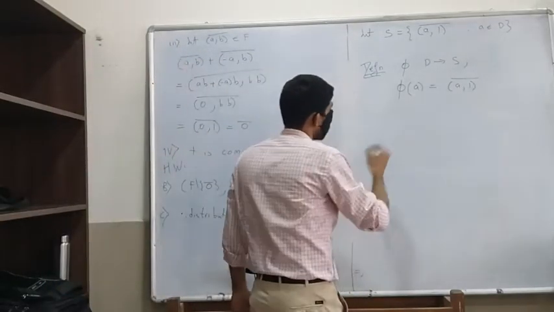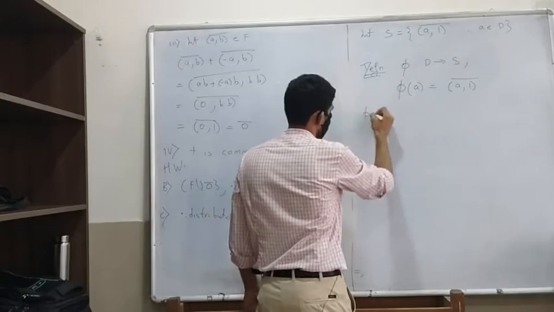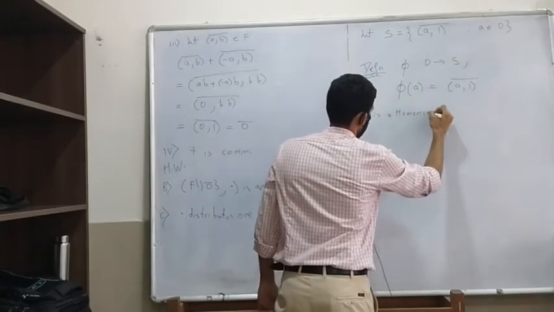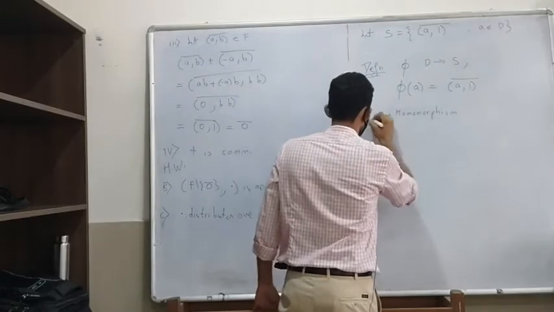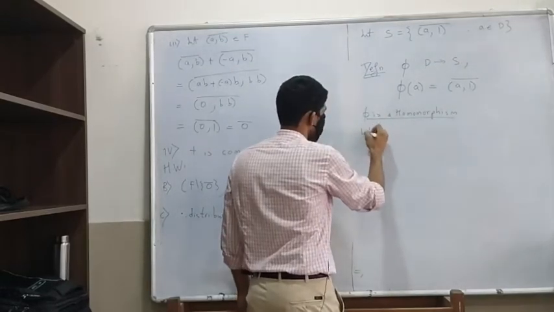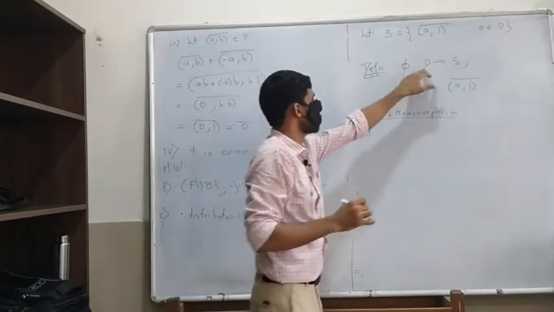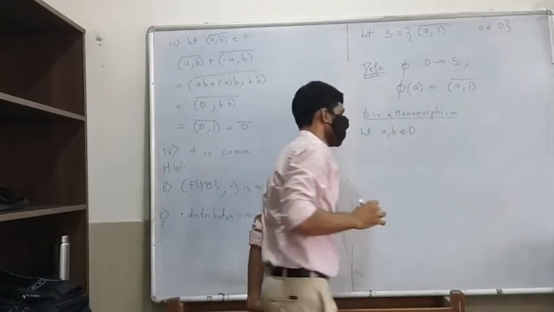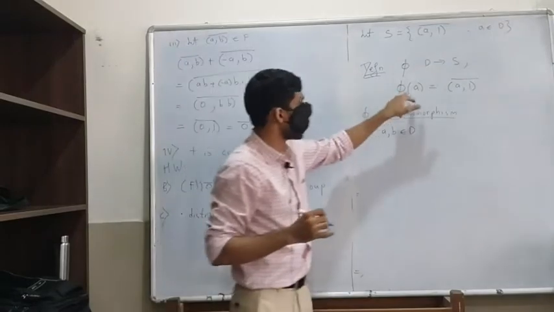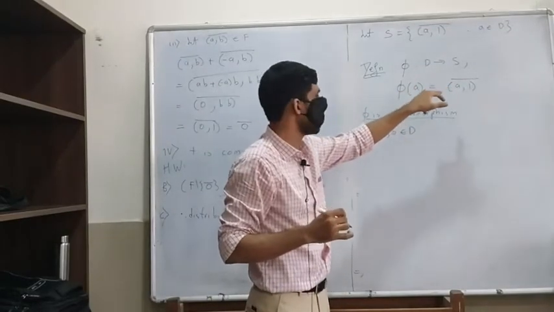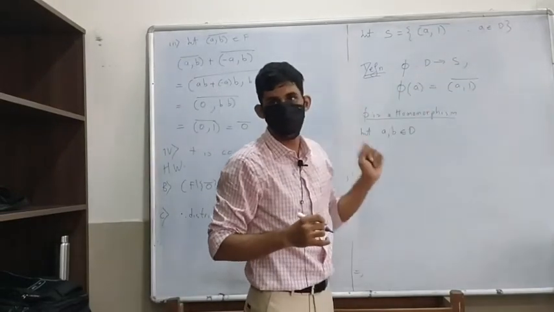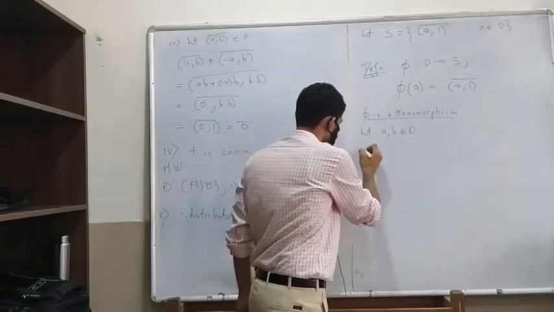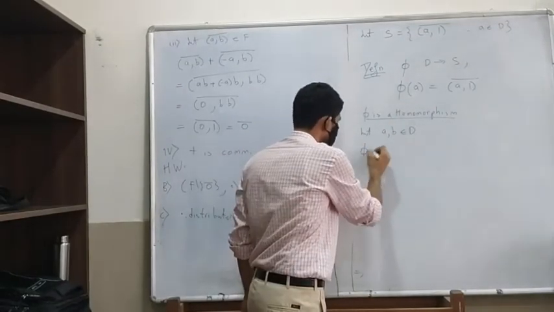So let's show it's a homomorphism. To show that phi is a homomorphism, we'll take two elements. Let A, B belong to D. I need to show that phi of A plus B is the same as phi of A plus phi of B, and phi of AB is the same as phi of A into phi of B. So what is phi of A plus B?